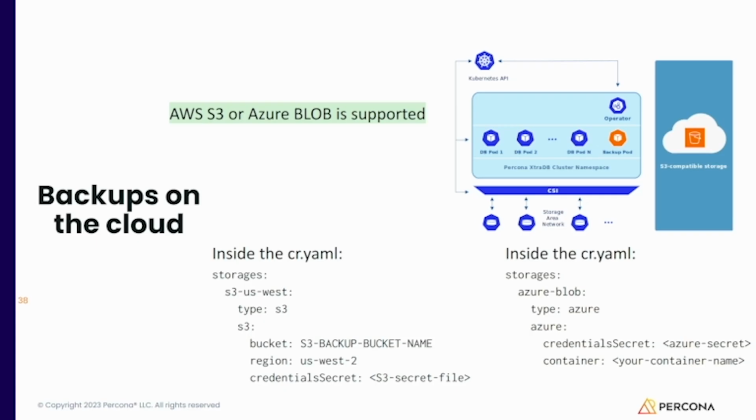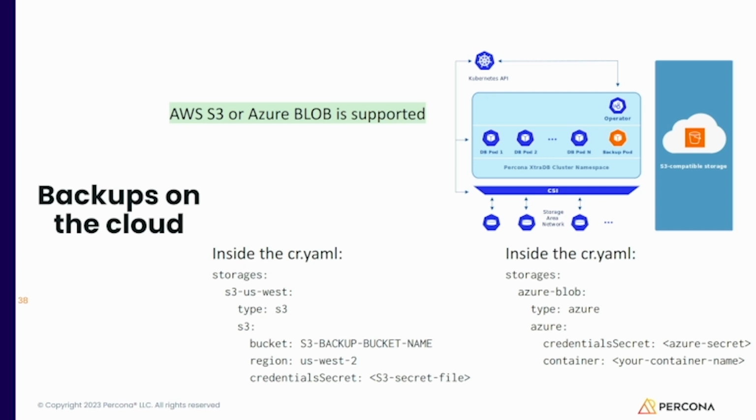Okay, backup and restore. An important aspect of any database deployment is having the ability to take and restore backups. The operator does support backups on the cloud, for example, AWS or Azure. Again, I try to keep this simple, so what you will see here is a really simplified version of how to deploy.